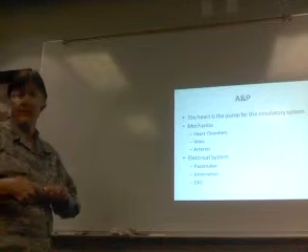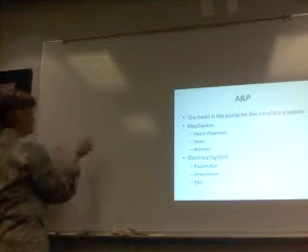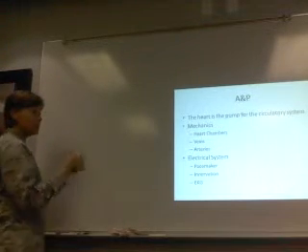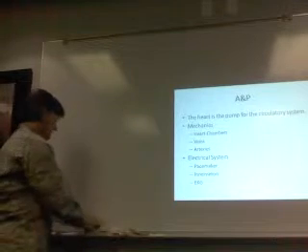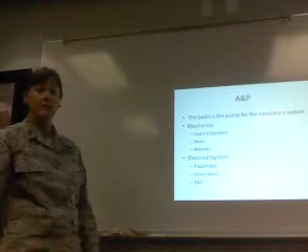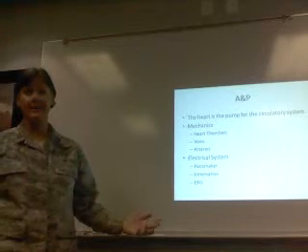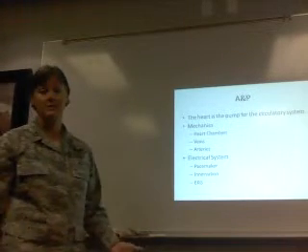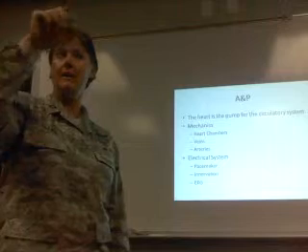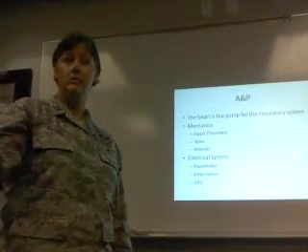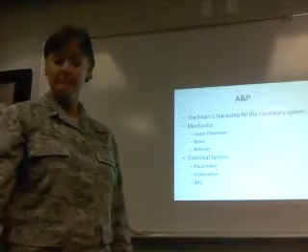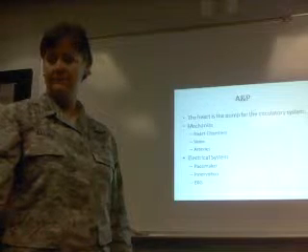Does anybody know what that is? Okay, so that's PEA, pulseless electrical activity. If they don't have a pulse, it's treated just like asystole, but you will see that electrical activity on your EKG. Any questions there?